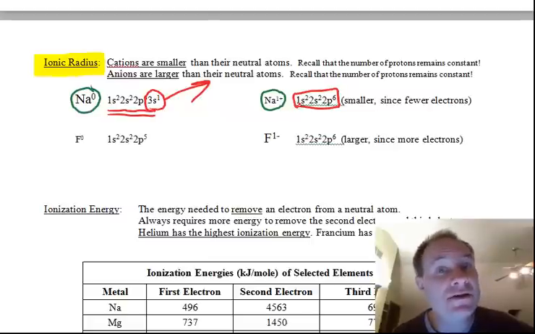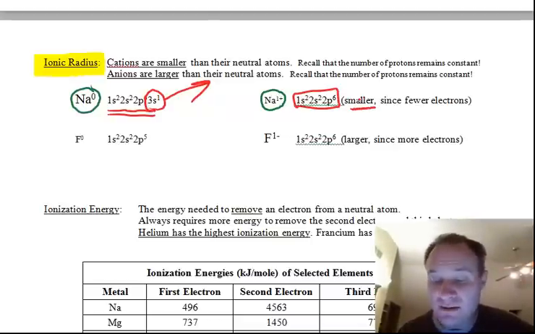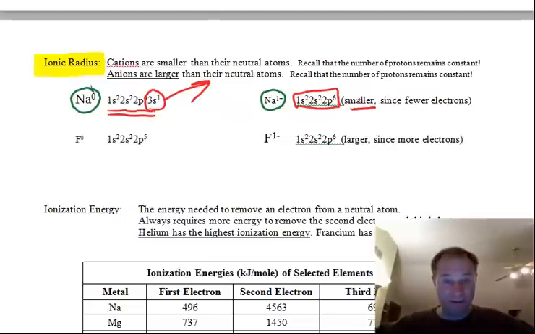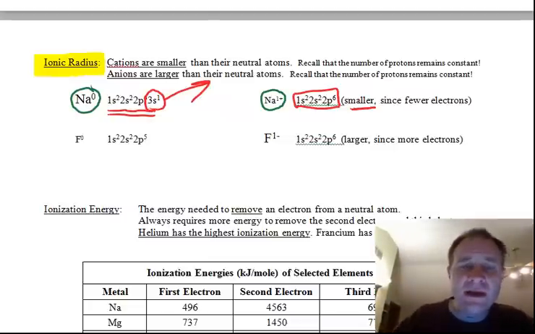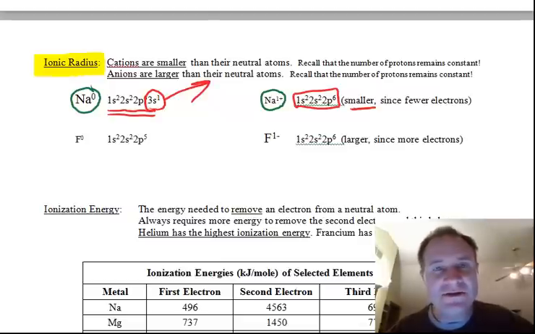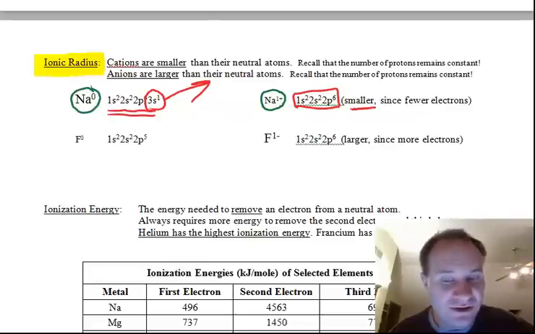And so the loss of a negative electron, which produces a positive cation, results in the ion being smaller because we're losing the outermost electrons. So the cation is smaller than the neutral element. The neutral atom is larger than the positive cation.